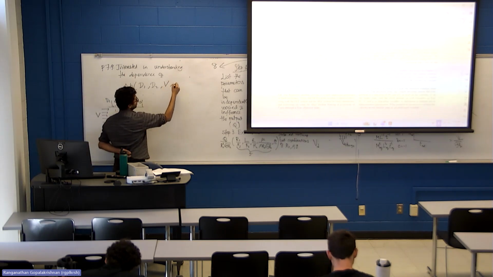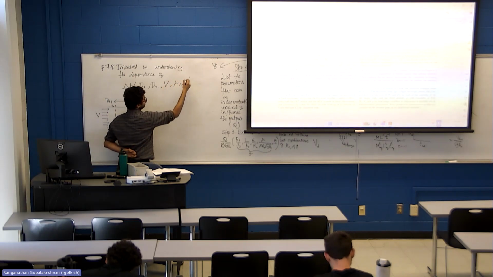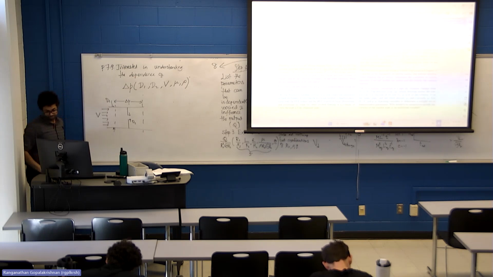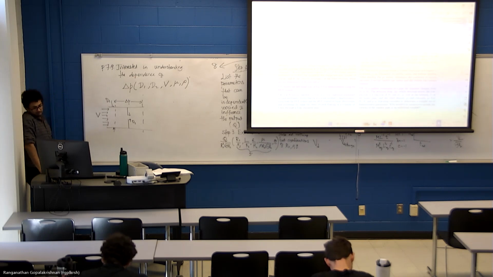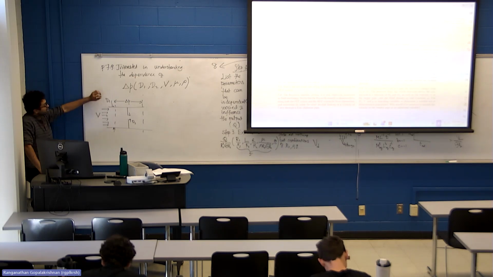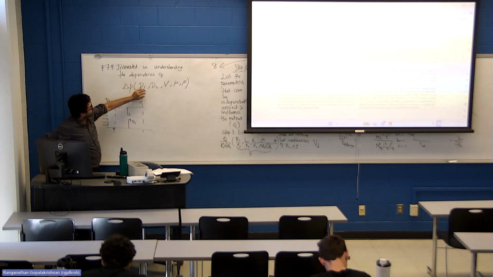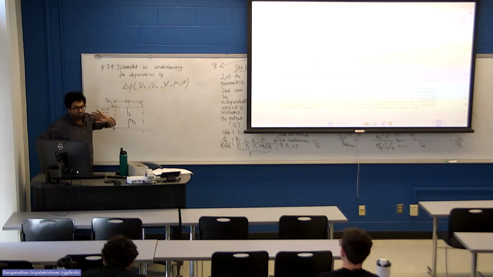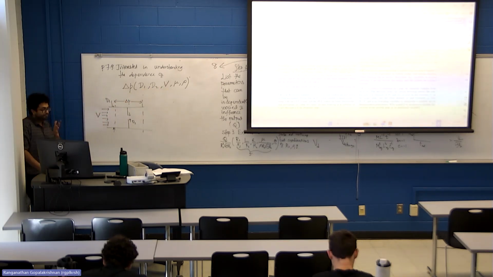And then fluid properties like viscosity and density also influence the problem. With me so far? Our output is delta P. Our inputs are D1, D2, V, mu, and rho.